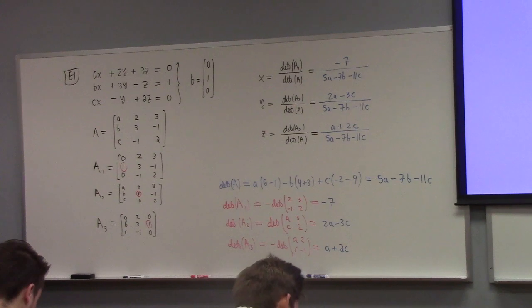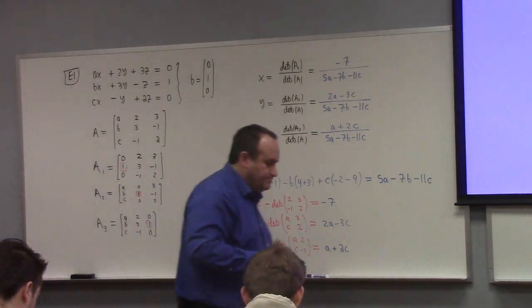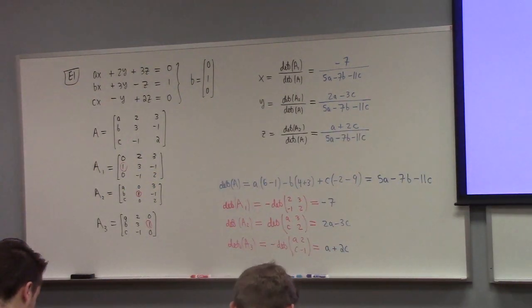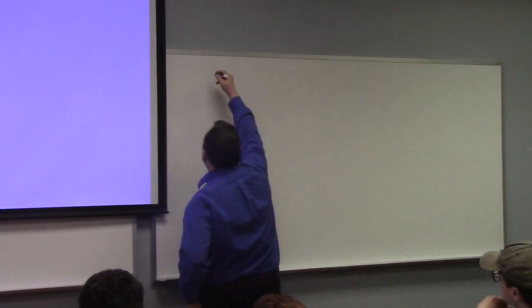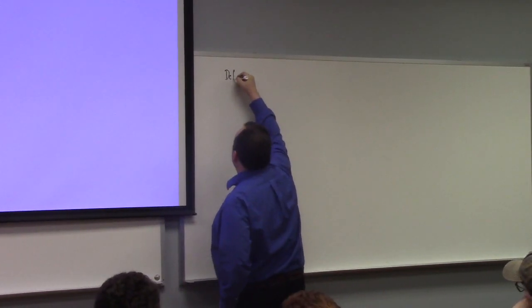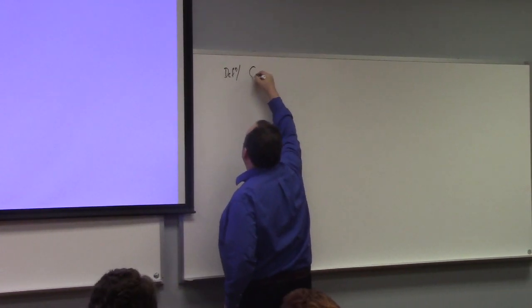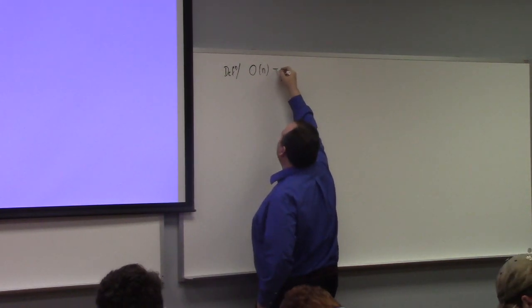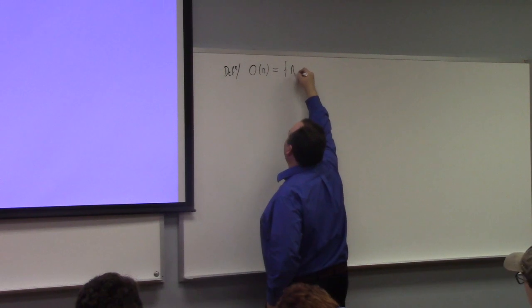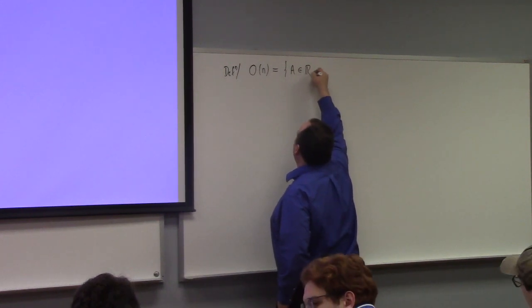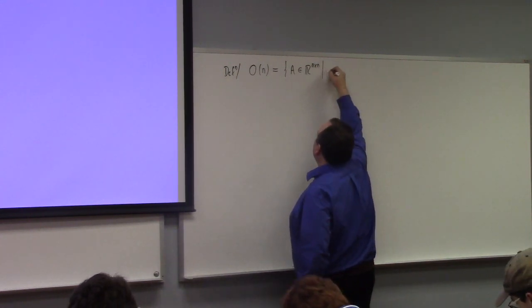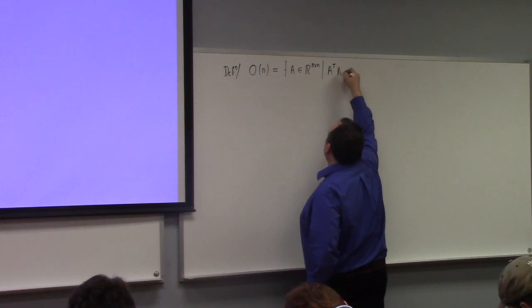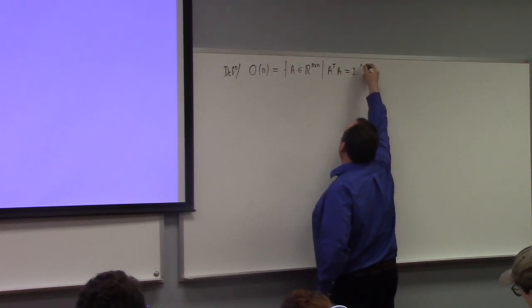There are some formulas we can build by the determinant, which I'll get the projector out for that. But the other thing I wanted to write up on the board is, so we have a couple different things I've played around a little bit with. Definition, O_n is equal to the set of A in R^(n by n) such that A transpose A is equal to the identity, all right?